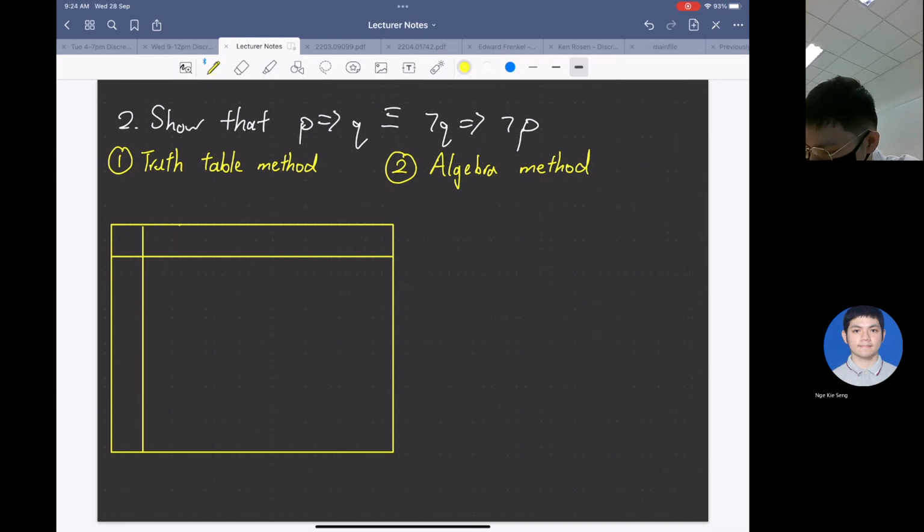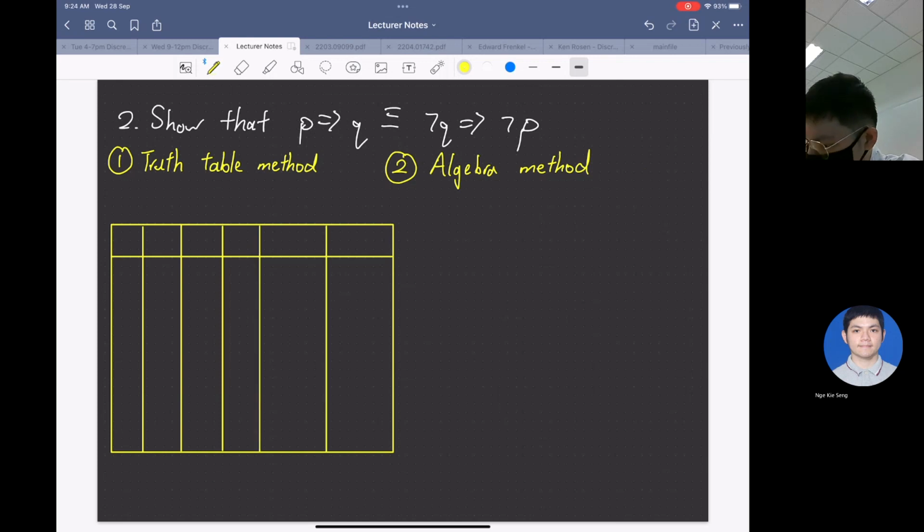Okay, the first one. This is P, this is Q, not Q, not P, P implies Q, not Q implies not P. So what combination do I get? I get true, false, false, true, false, false.